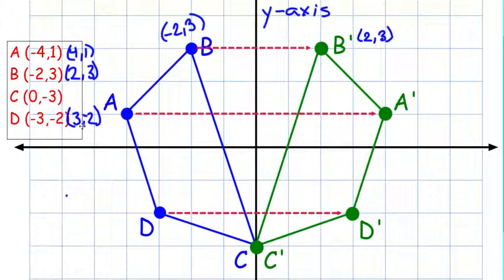The only interesting part in this problem is C. C is going to be the exact same, and the reason for that is that it lies on the line of reflection. I'm reflecting it over this line, and it's on that line, therefore it's being reflected right back to that line.